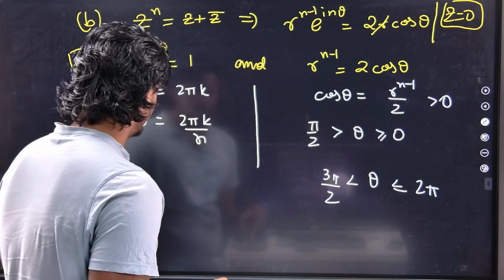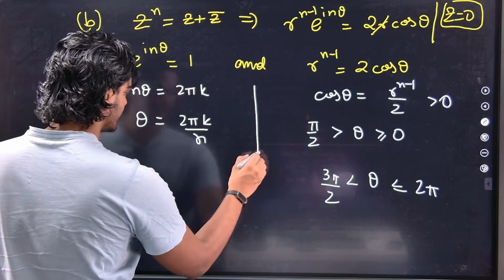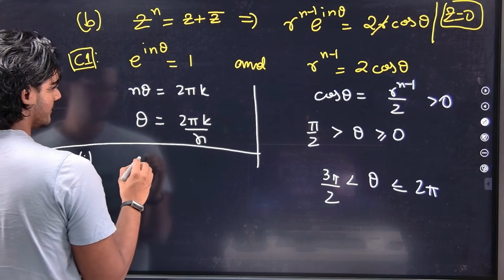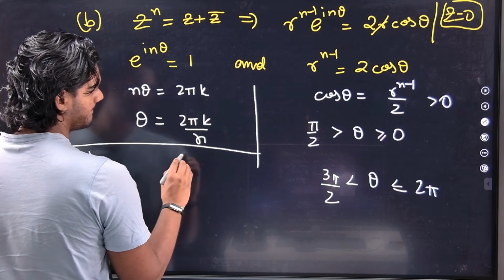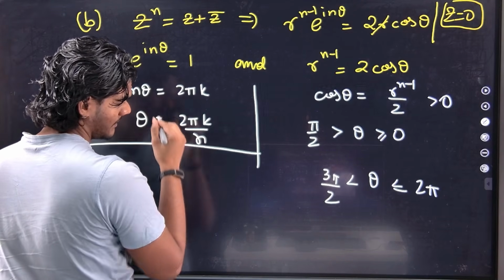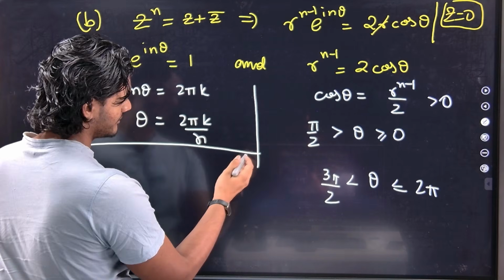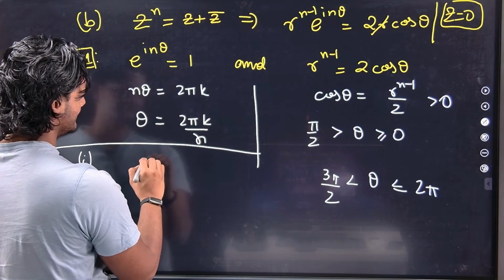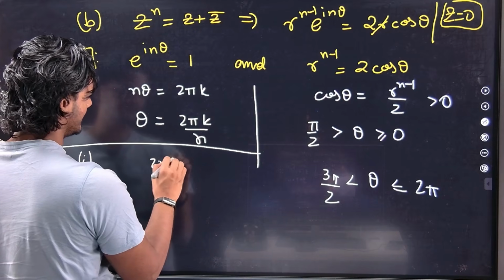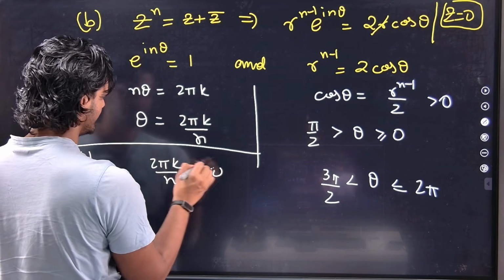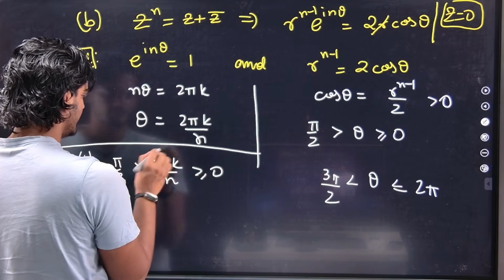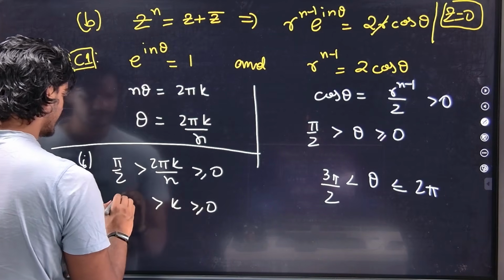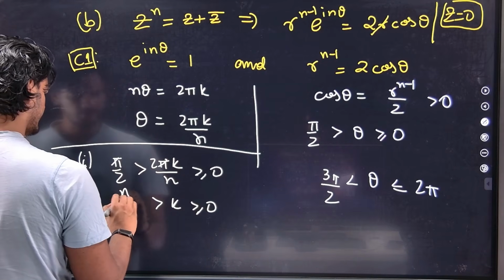And if you put these values here, immediately you will get one thing. In the first part, it's just translation and everything: 2 pi k by n greater than or equal to 0, less than pi by 2. This is giving me k greater than or equal to 0, strictly less than n by 4.